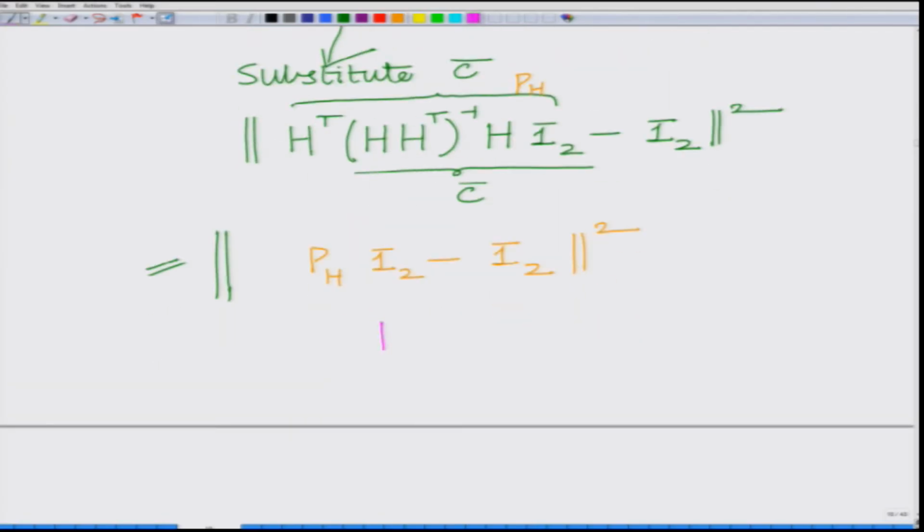At this moment PH is simply H transpose H transpose inverse times H. So, I want to find the approximation error, that is, how well the equalizer is able to approximate this vector 1 bar 2, which is H transpose C bar minus 1 bar 2 the norm square, and I have substituted the expression for C bar.